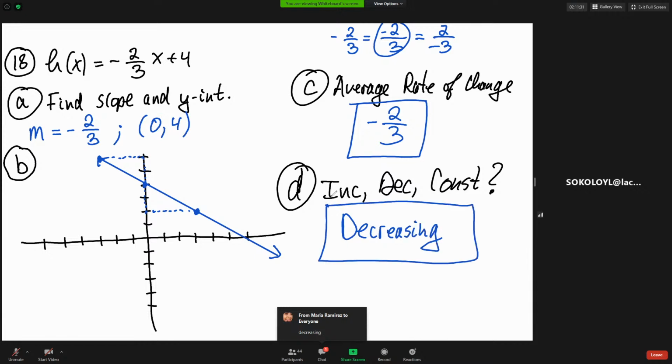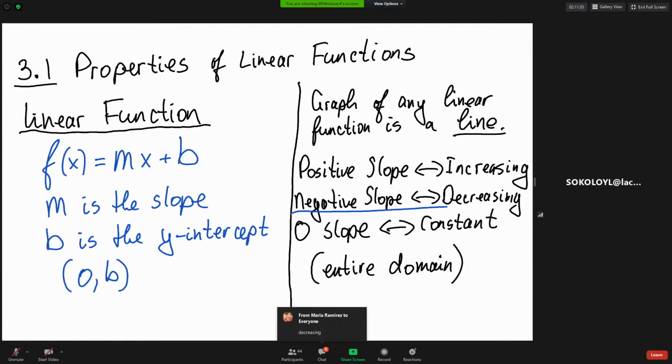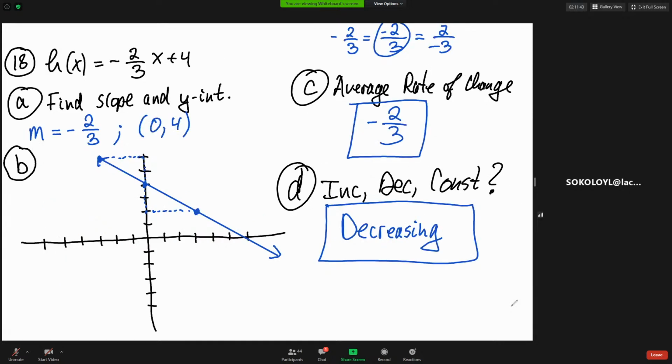Negative slope tells us decreasing. And we can see it from the graph that from left to right, this is always falling regardless of which interval I consider. So this makes sense, it's decreasing.